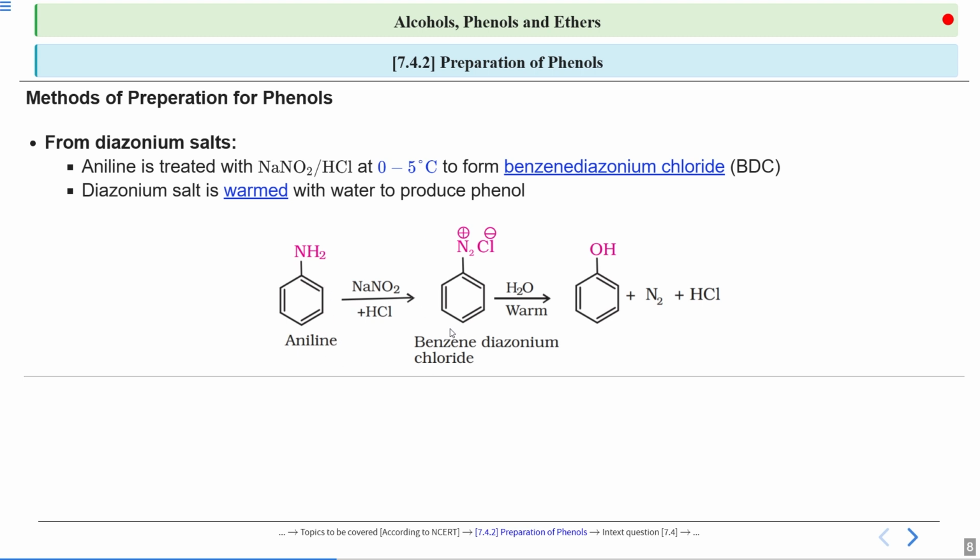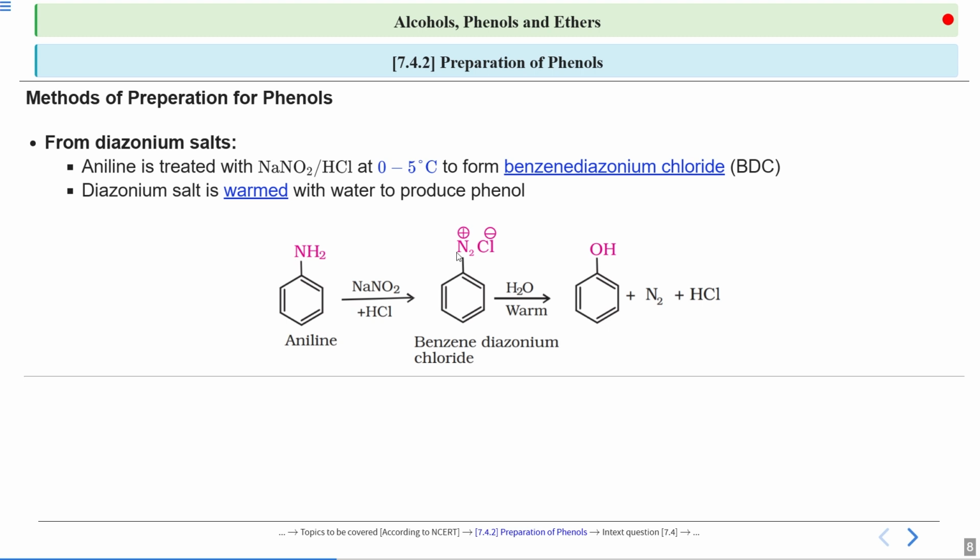That is, diazotization is happening. Here it is a primary amine, which is aniline. So the reaction is that when NaNO2 and HCl react, you get NaCl, which is a salt, and HNO2. Then your HNO2 is treated with H+.